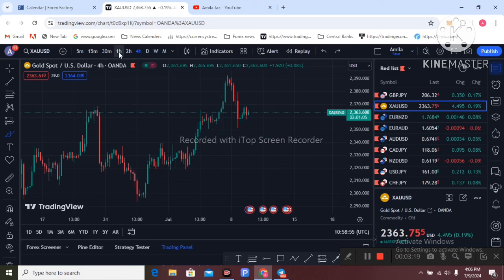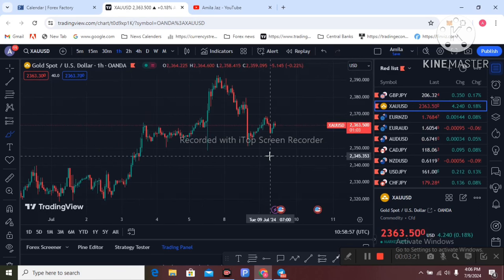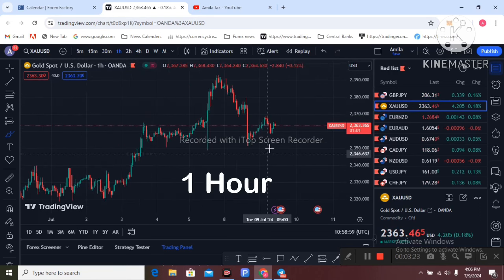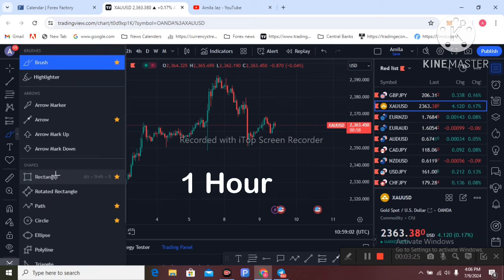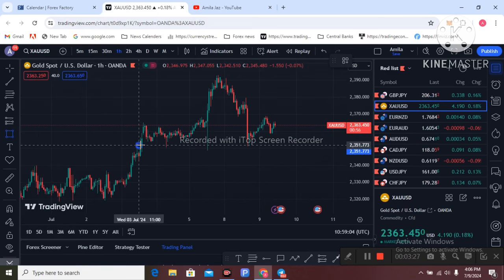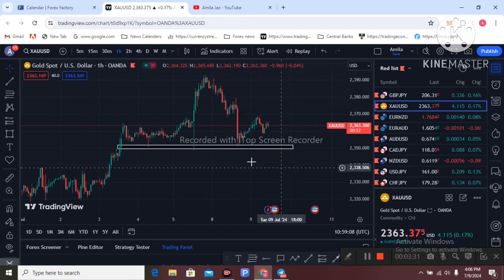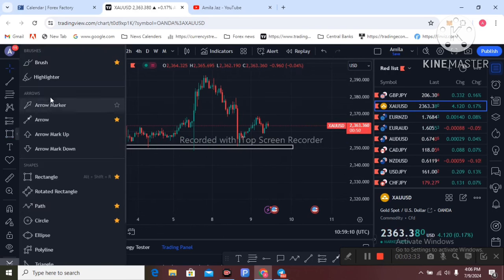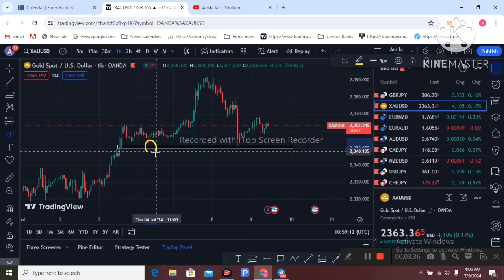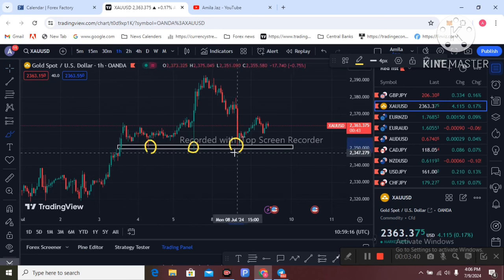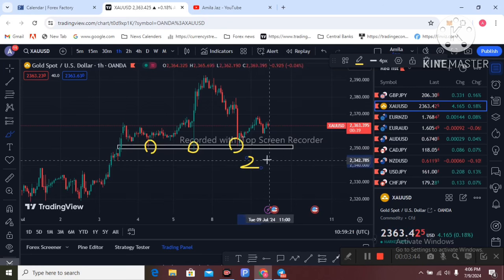And again I am going to the 1-hour chart. On the 1-hour chart, you can see the price reacted several times at the support area. Price retested this area several times on the 1-hour chart. This is the 2350 area.